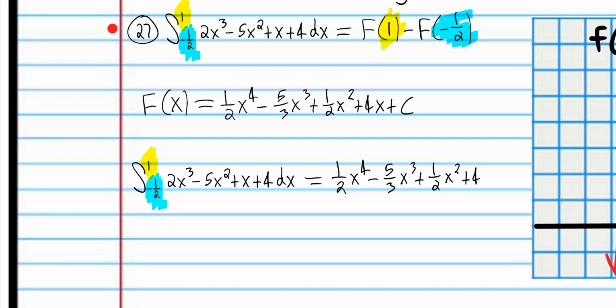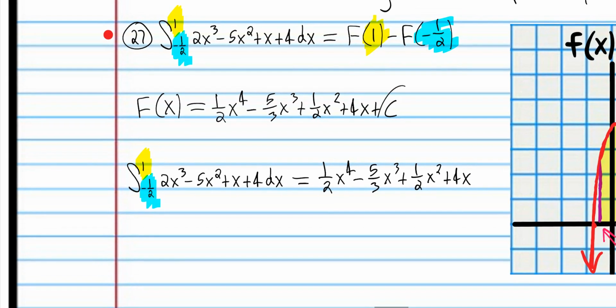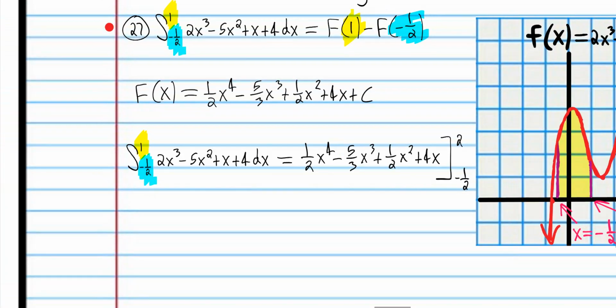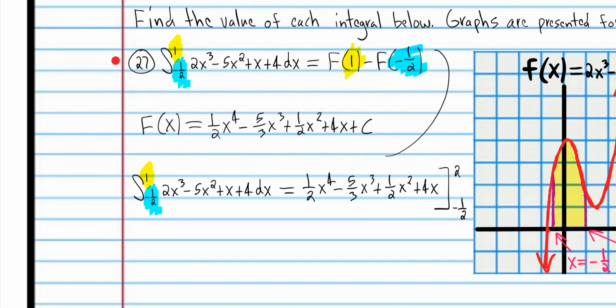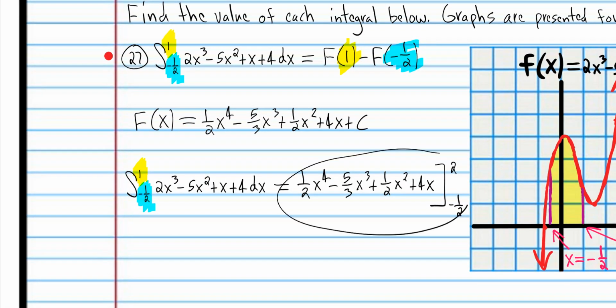There's no difference whatsoever. Except because we know that that c value is going to cancel out, we just don't write it at all. And we write a bracket here, and I write -1/2 at the bottom and 2 at the top. This here, that's the same thing as this.